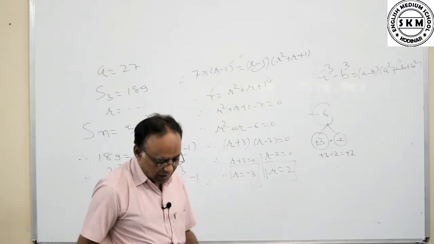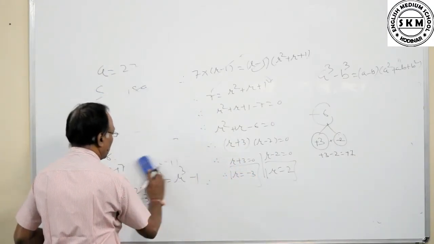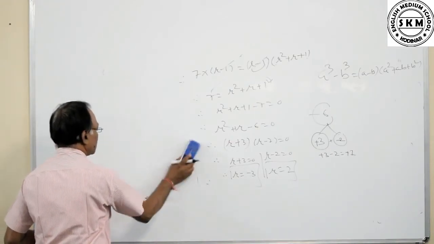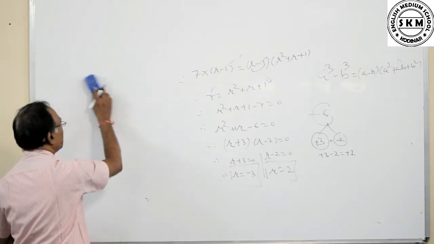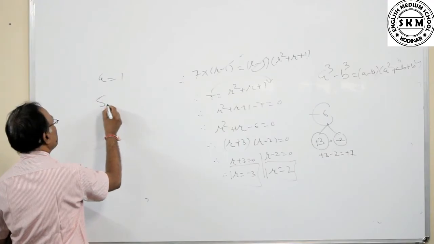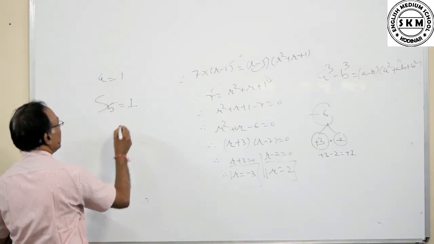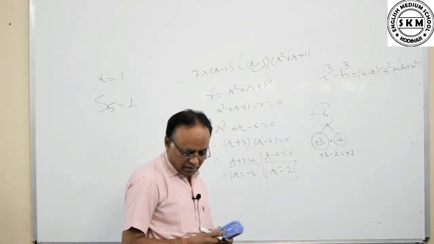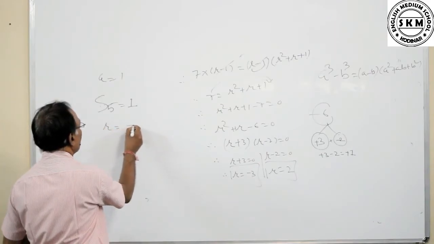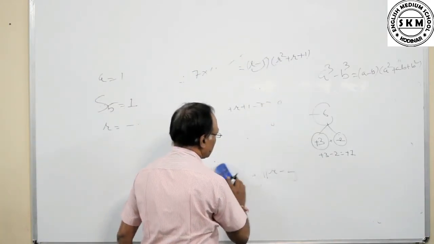Illustrate number 24: A is given as 1, S5 is also given as 1, and we find the common ratio, r is equal to dash. Now apply the formula.